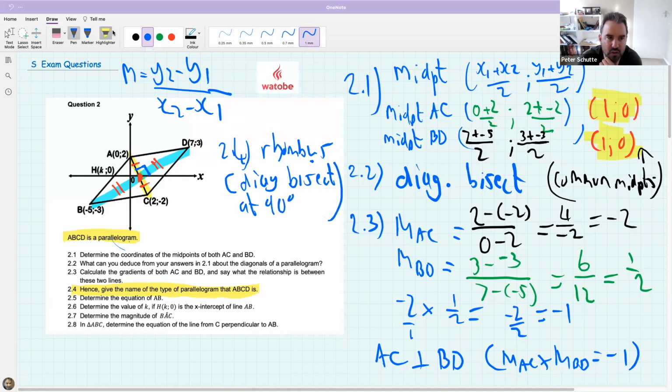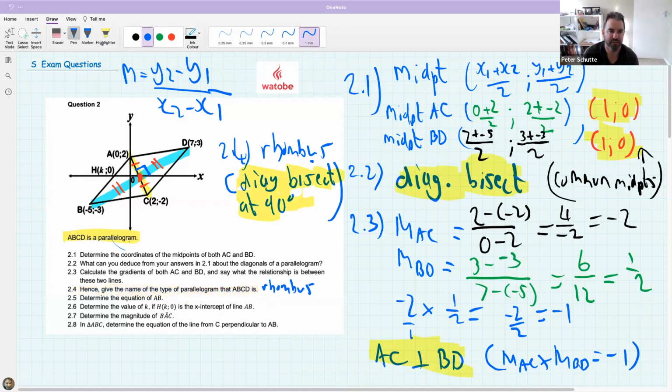We've shown that they bisect in 2.2 because of the common midpoints. And then we've shown that they are perpendicular because of the relationship of the gradients. And so together, we say the diagonals bisect at 90, and so it's a rhombus. Okay, so that is a rhombus.